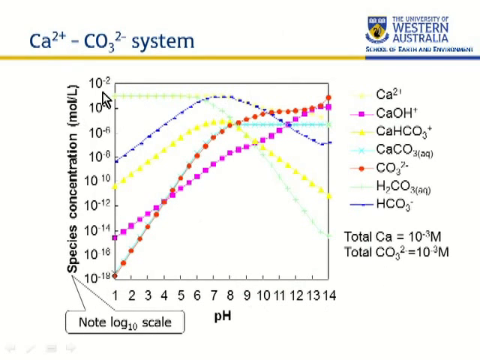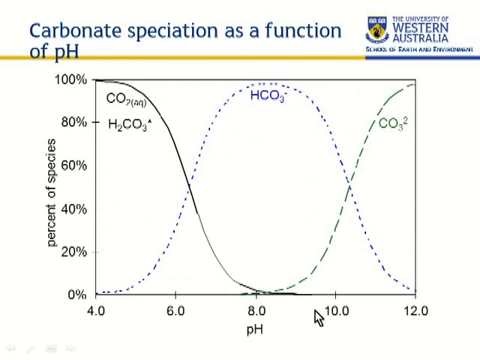work. Here's another way of looking at it, and often you'll see pH predominance diagrams actually plotted on a logarithmic scale, because then we can see species which are present at low concentrations. So I'll just flick back up to the previous diagram. It would appear that once we reach about pH 9.5, that H2CO3 disappears from the system.